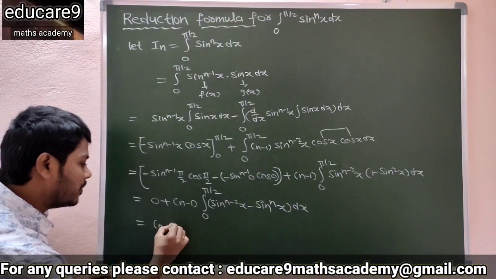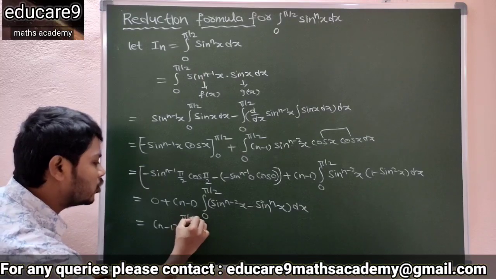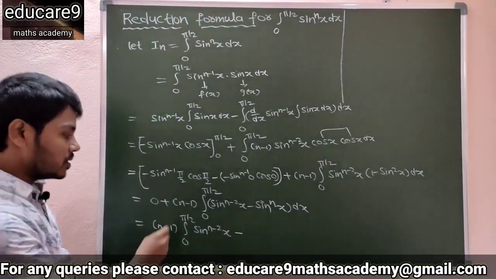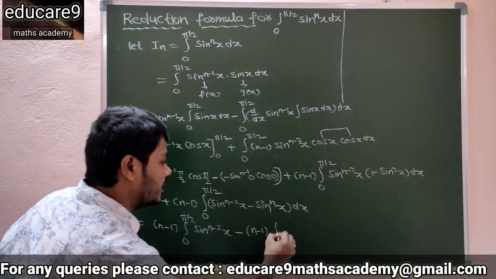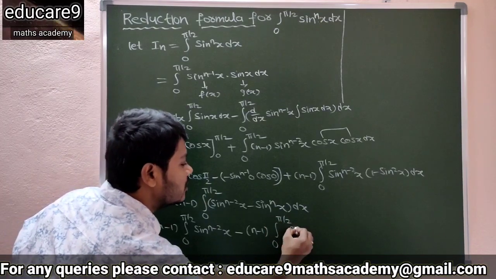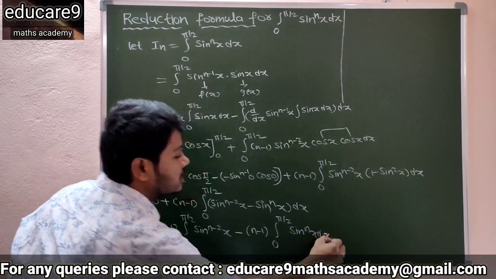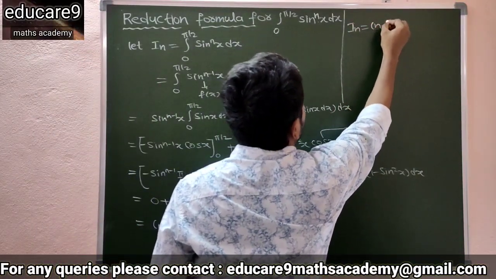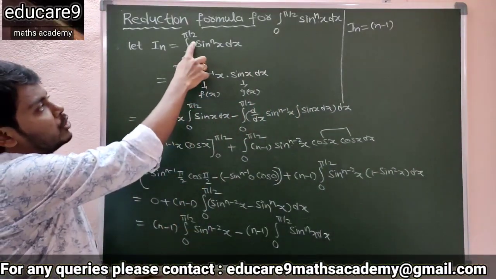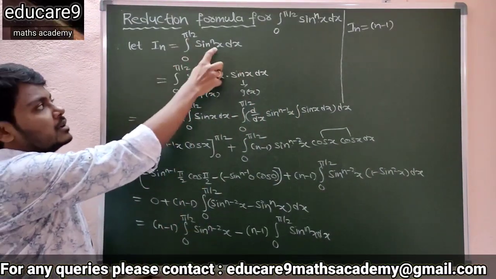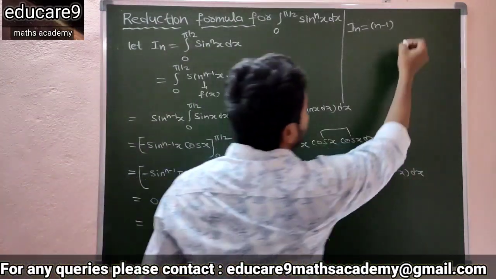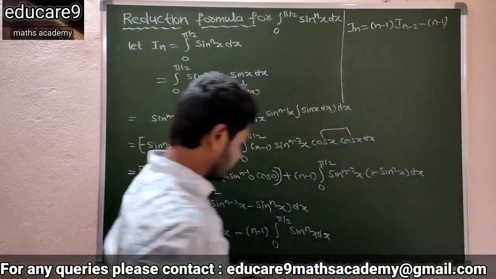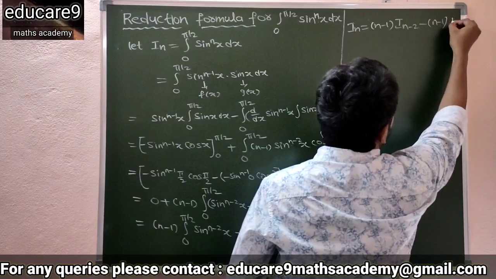You will get n minus 1 into the integral from 0 to pi by 2 of sin power n minus 2 x dx, minus n minus 1 into the integral from 0 to pi by 2 of sin power n x dx. Therefore I_n equals n minus 1 into, so you know that the integral from 0 to pi by 2 of sin power n x dx is I_n. In place of n, n minus 2 is there. So that is I_(n minus 2) minus n minus 1 into I_n.